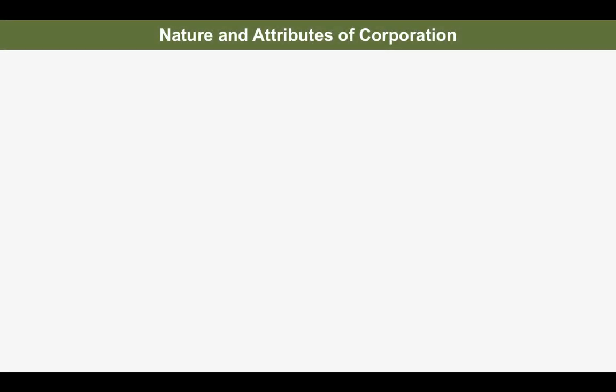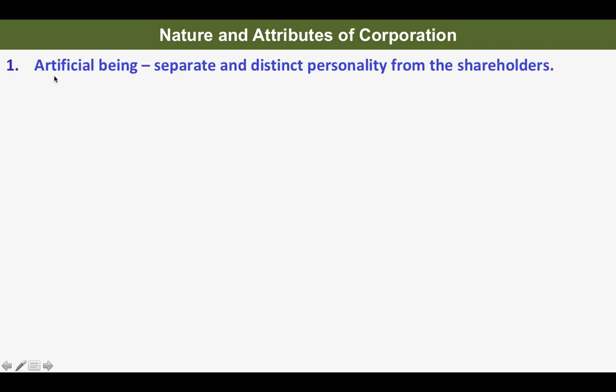Now, class, let us discuss the nature and attributes of corporation. First, it is an artificial being. Corporation is an artificial being, which means it has a separate and distinct personality from the shareholders. Then corporation has a legal personality because it is legally created by law.